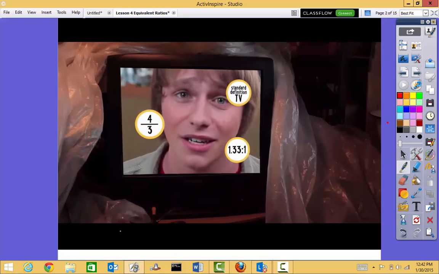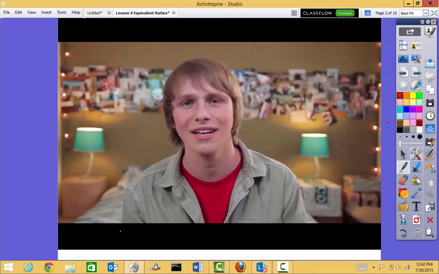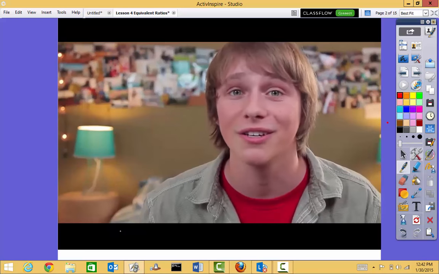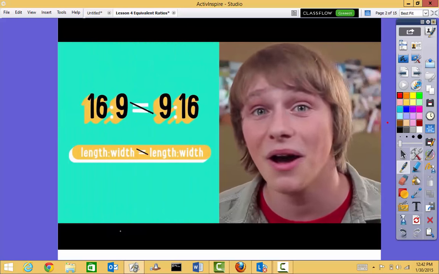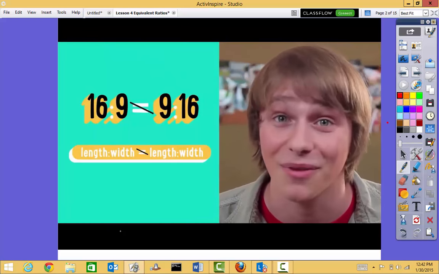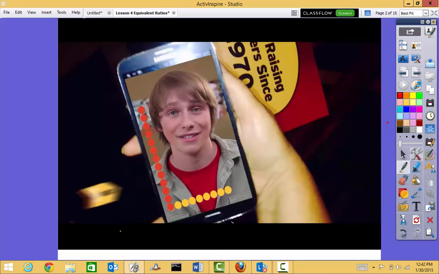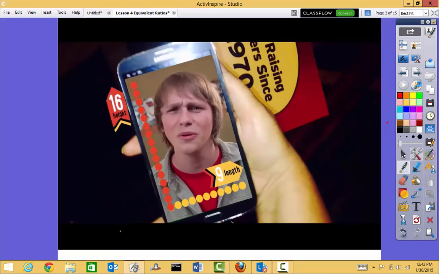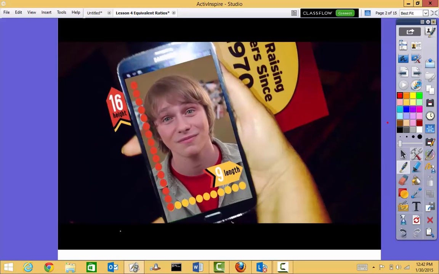It's just simplified. Either way, it's outdated technology. Oh, one last thing about ratios. The ordering is super important. If you have it length length by width. 16 by 9 is not the same thing as 9 by 16. Because if it were, all movies would look like this. The cell phone screen. Probably the biggest thing that changed the ratio of the screen since it was invented over 100 years ago.